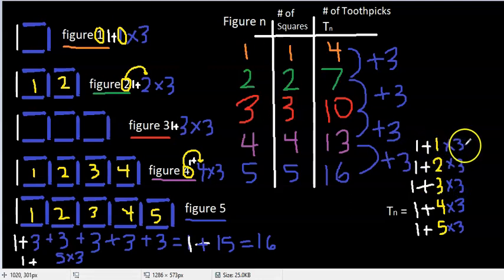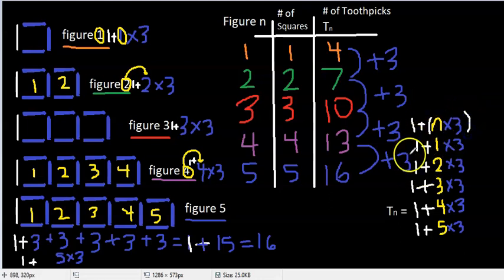Here I've already done the example for the formula for 1 square, 2 squares, 3 squares, 4 and 5, right? So we can name our figure number or square number an arbitrary letter, right? So let's go ahead and name it n in accordance with our figure n. So n times 3 plus my constant toothpick of 1 will give us a formula of 1 plus n times 3, right?